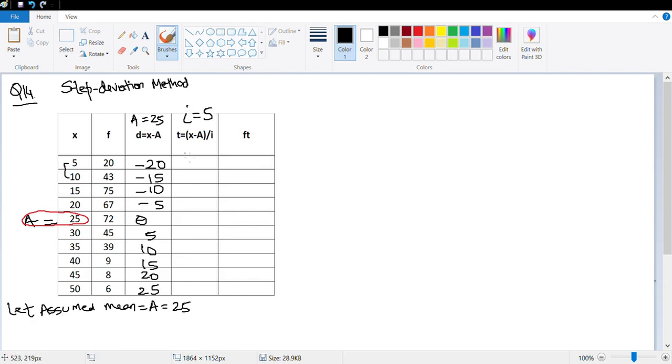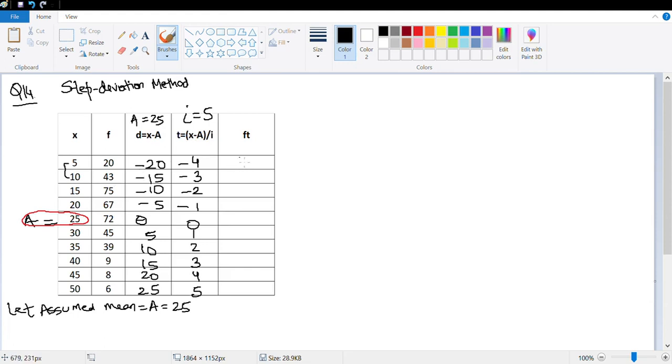So negative 20 by 5, that gives me negative 4, negative 3, negative 10 by 5, negative 2, negative 1, 0, 1, 2, 3, 4, 5. Now I've got smaller numbers, and this is where I'll multiply frequency with t.